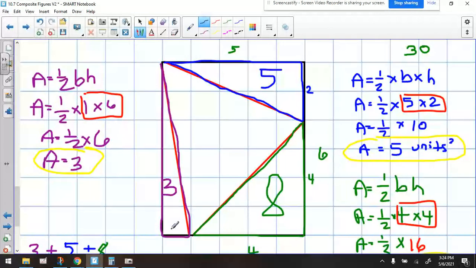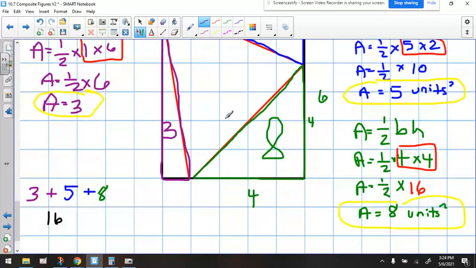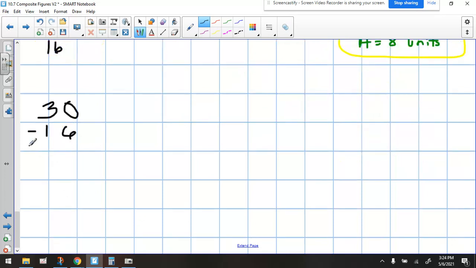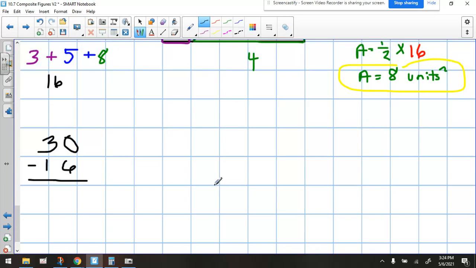Now, if the entire rectangle is 30 and 16 square units are not part of the red triangle, then to get the area of the red triangle that we were trying to find in the beginning, we would have to subtract these two numbers.